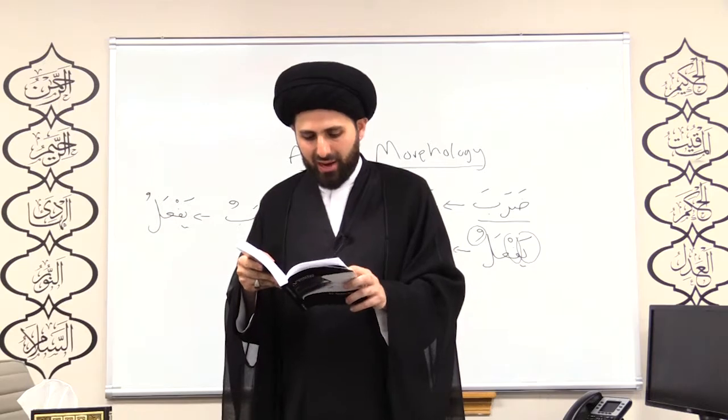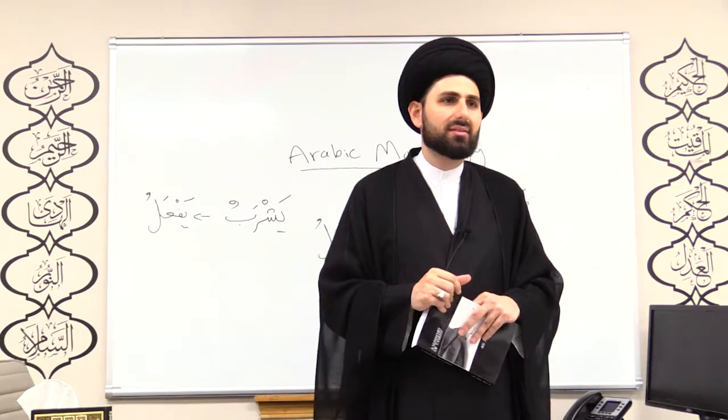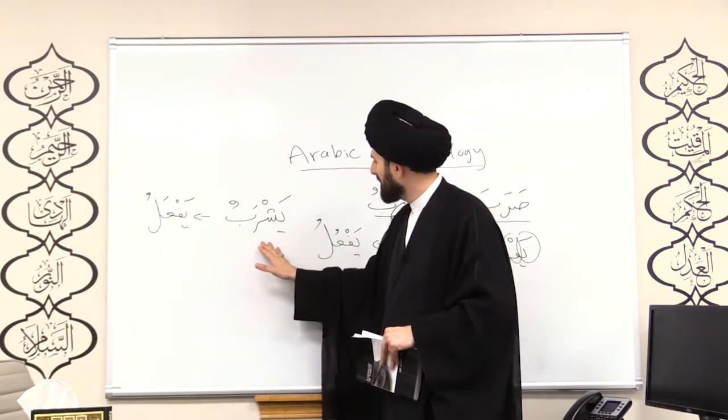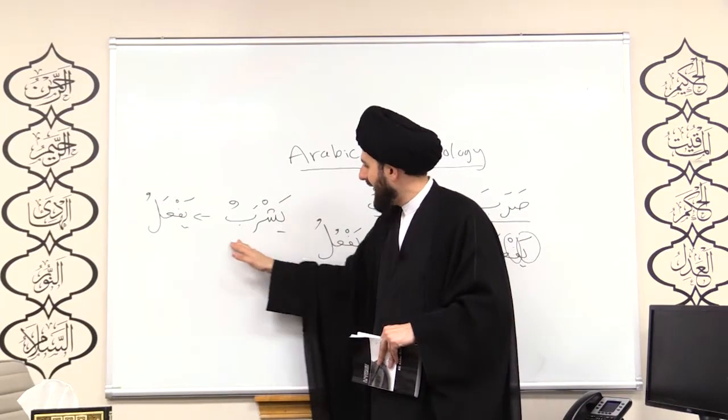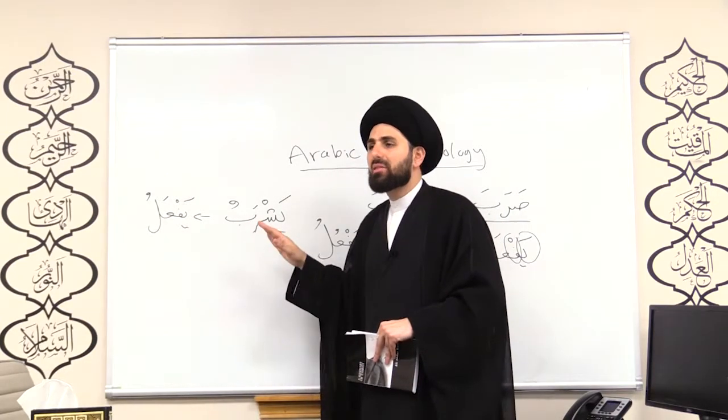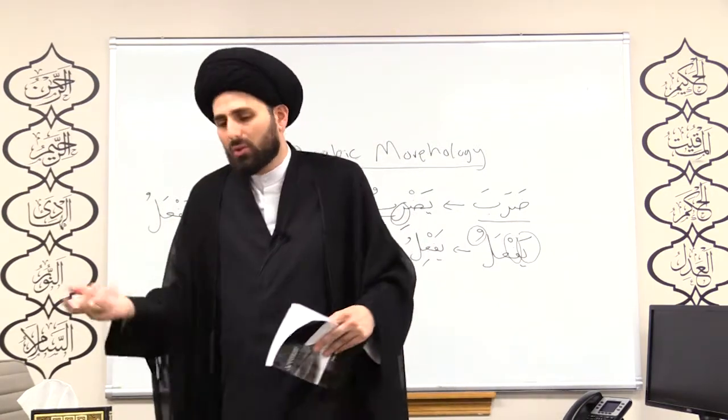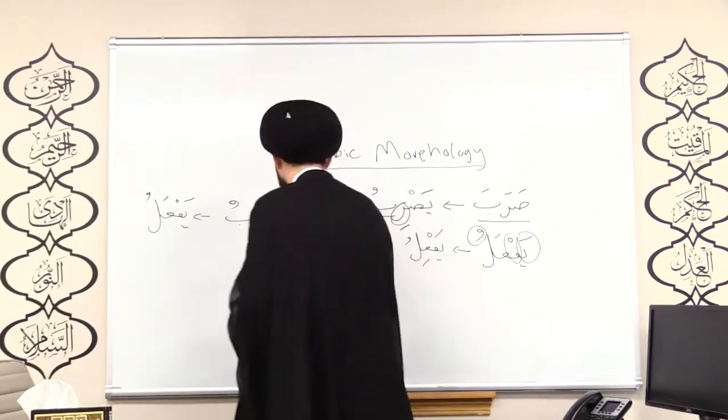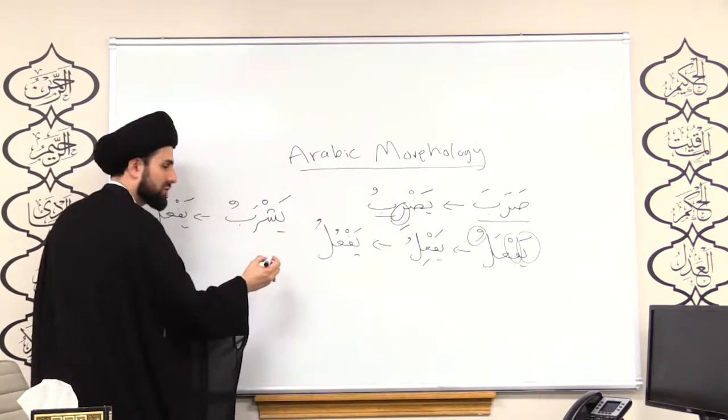Look at the word next to it. After yaf'alu, what do you have to its left? Yaf'alani. Yaf'alani is the same as yaf'alu. The only difference is that instead of being singular, what did we make it into? Dual. 2. So yashrabu, if I want to make it dual, what should I make it?